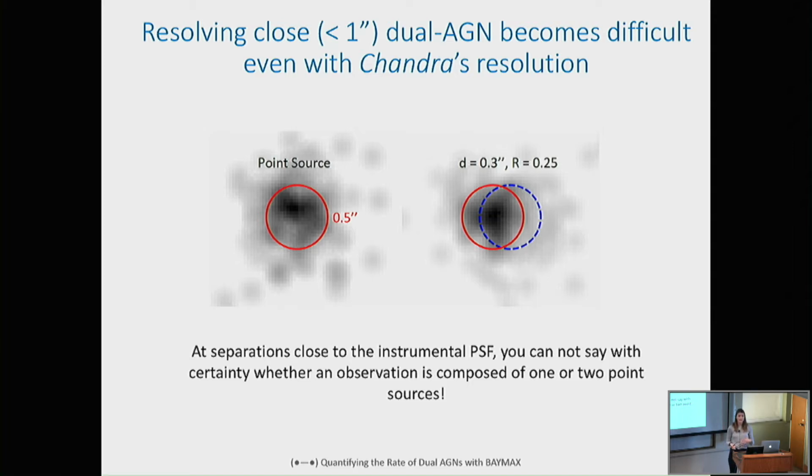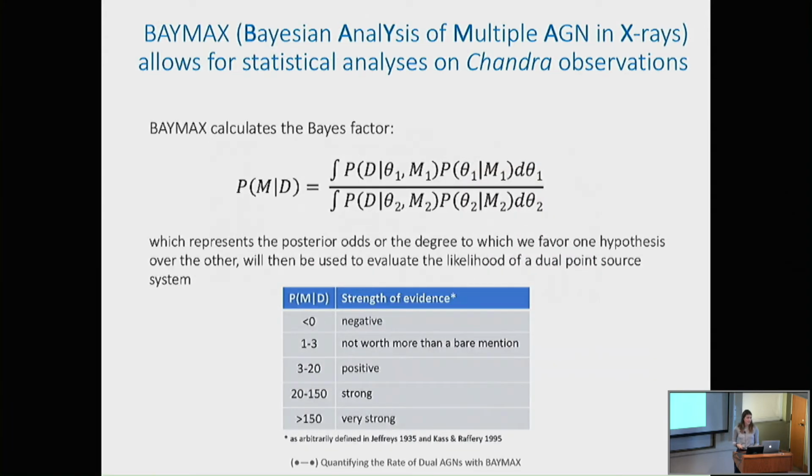We wanted to create a quantitative and statistical method to analyze Chandra observations and determine the likelihood of whether it was composed of 1 or 2 point sources. So Baymax allows for this statistical analysis, and it does so using a Bayesian framework, namely Bayes factor. Bayes factor just represents the degree to which you're favoring one model over another.